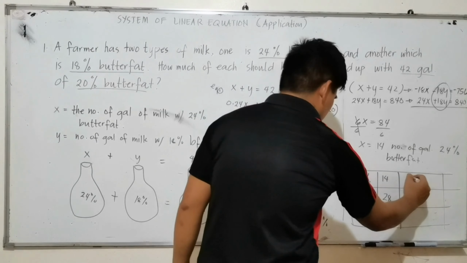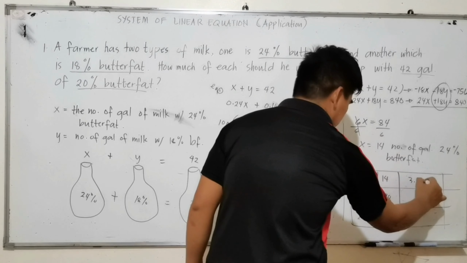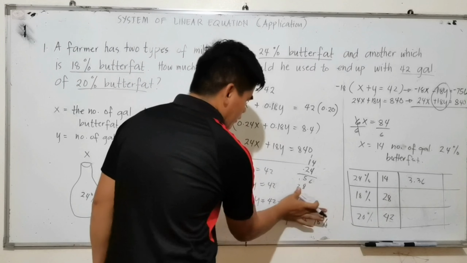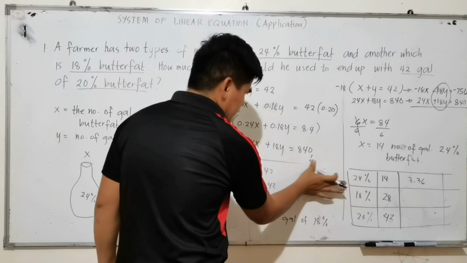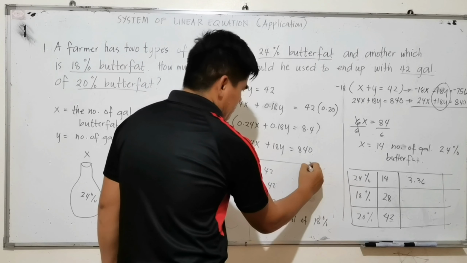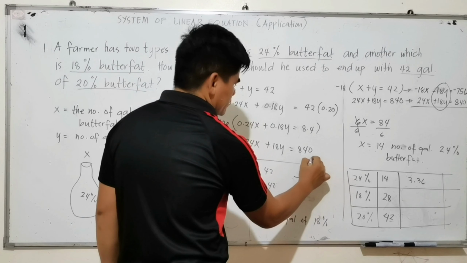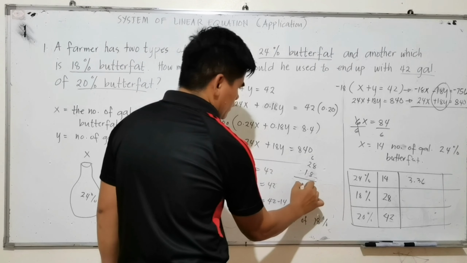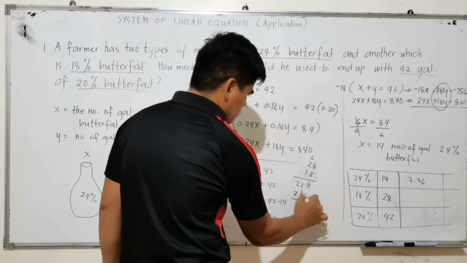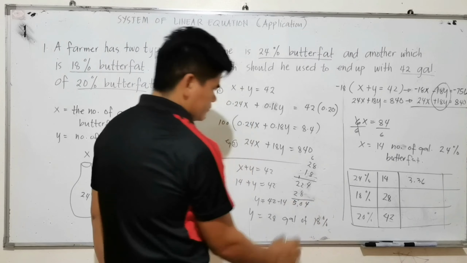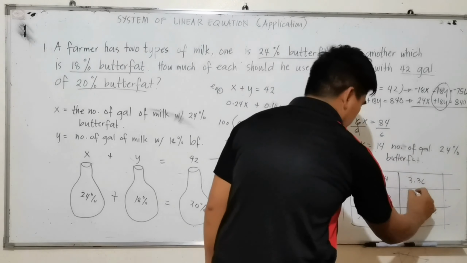So we have 3.36. Now, 18% of 28. So we have 4, 6, 16, 22, 8, 2. So we have 4, 0, 1, 5. So that is 5.04.